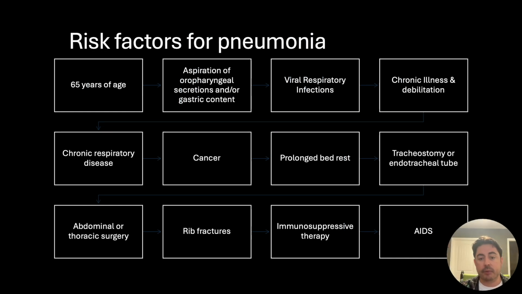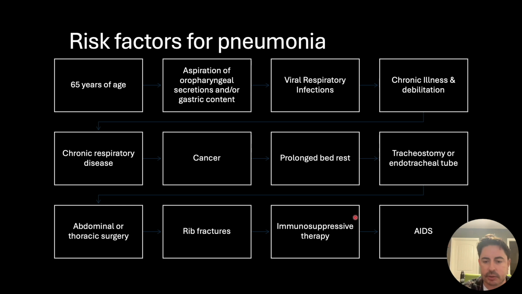Now, when we look at risk factors, we already talked about etiology, and this is kind of what goes underneath the branch for etiology. So underneath the bacterial, fungal, viral, protozoan, all of those, you have kind of a separate list that's underneath that etiology that would be associated with risk factors. And you can see that there's 12 different risk factors here.